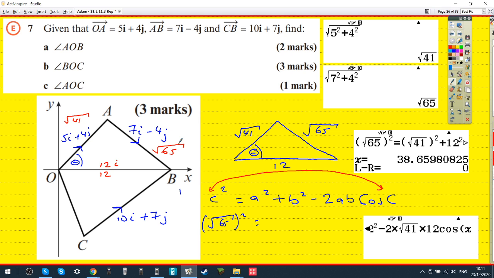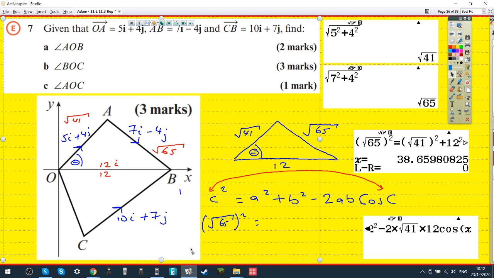Oh, wait. Oh, first could you just do... Wait. Could you do square root 10 squared plus 7 squared first? Not a right angled triangle. But how come we did it for the top then?